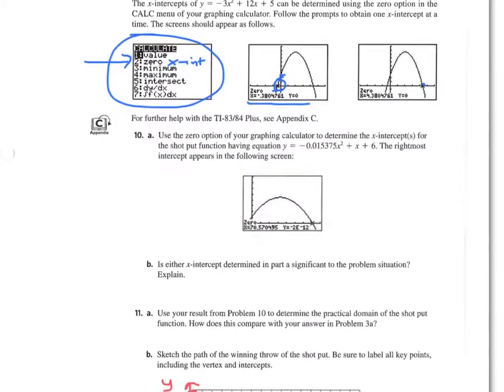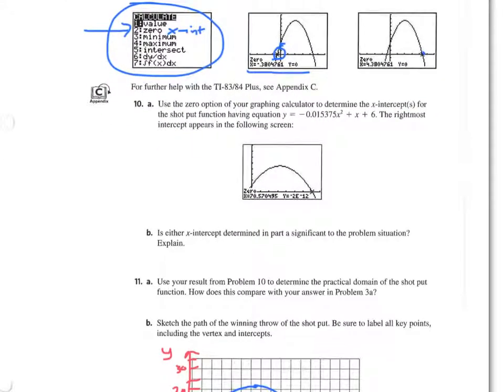So if you go on the calculator and do this same thing, take a few minutes, bring that graph back up for the shot put example, and then find your zero. We would only find one zero in here, because the other one down on this side wouldn't make sense. So we only really care about that one. So is either x-intercept determined in part A significant? Yes, only the rightmost one is significant.